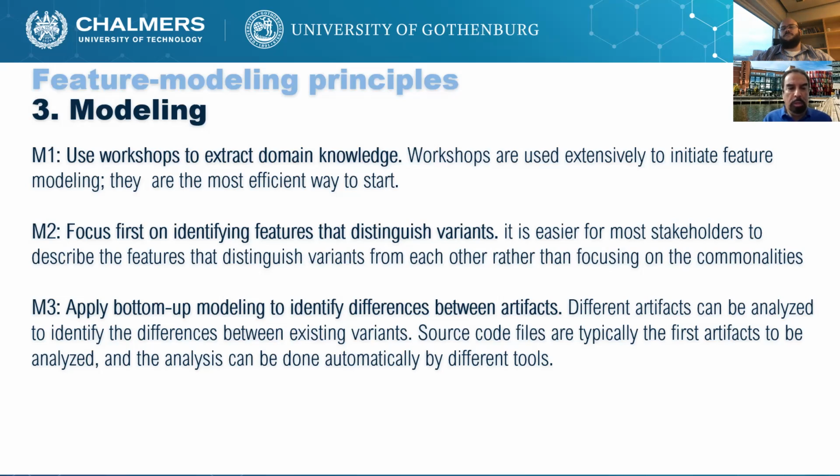And here it talks in M3 about applying a bottom-up approach. If you want to start looking at your artifacts from the solution side, moving back to the problem side, that means you look at your artifacts and do traceability backward to understand and analyze your model. This is done a lot, and it could start with the code, and you have exercised something like this in your assignments.